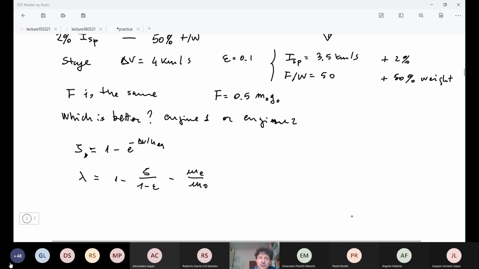So in the first case, ISP or UEQ is equal to 3,500 meters per second. In the second case, let's put a prime here for the second engine, it will be plus 2%, so the 2% will be 70 meters per second.